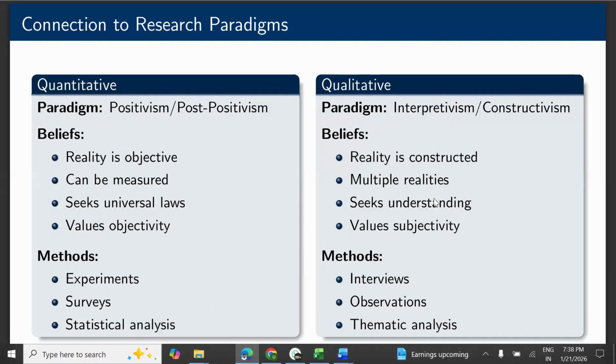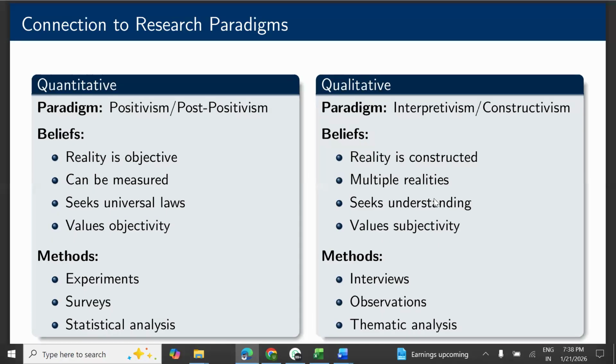Now, how are both of these approaches related to the research paradigms? Quantitative, the paradigm which it follows is positivism and post-positivism. So basically, the beliefs of quantitative research are: reality is objective, it can be measured, it seeks universal laws, and it values objectivity.